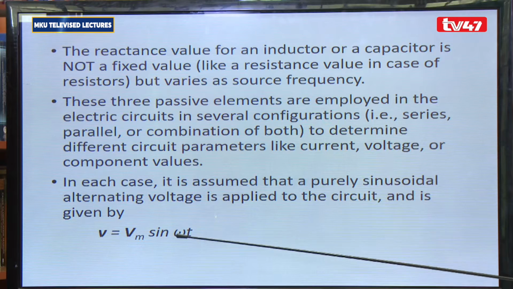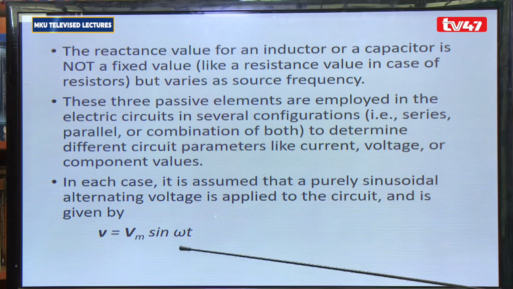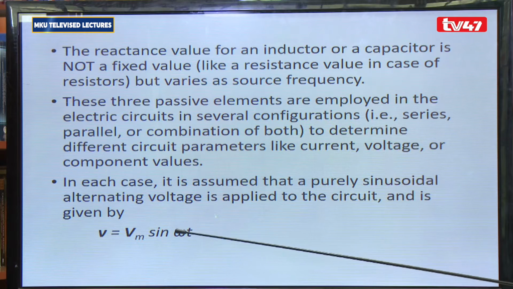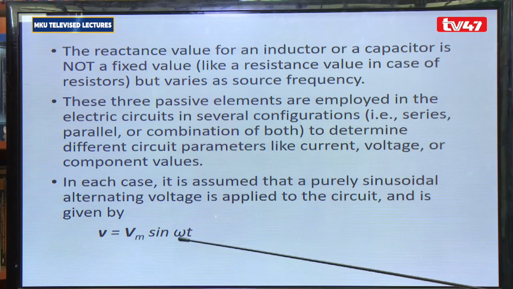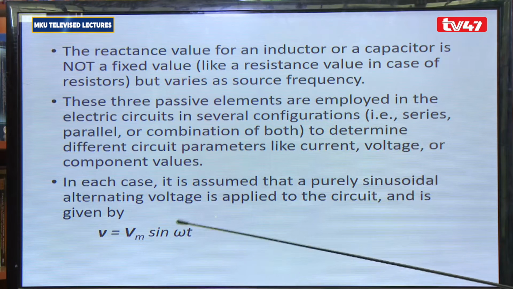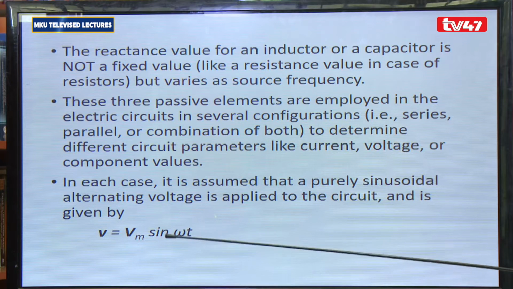Then you have omega t. Omega is the angular velocity, given in radians per second, and t is the time in seconds. This is very important when it comes to AC, because DC does not have this kind of component, since it is just direct.